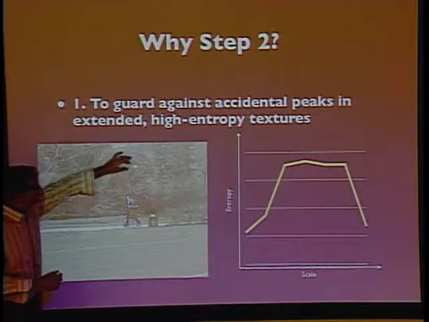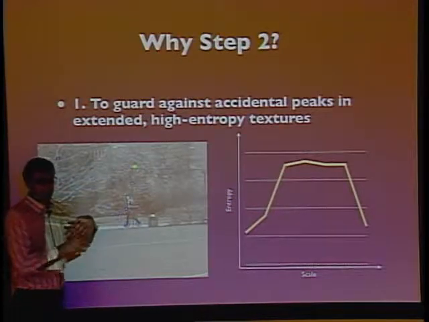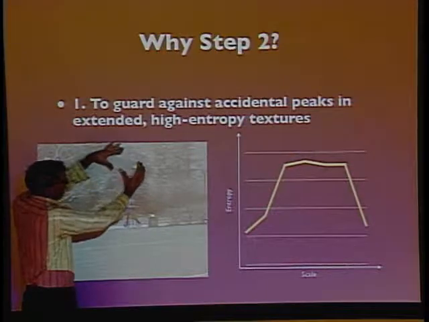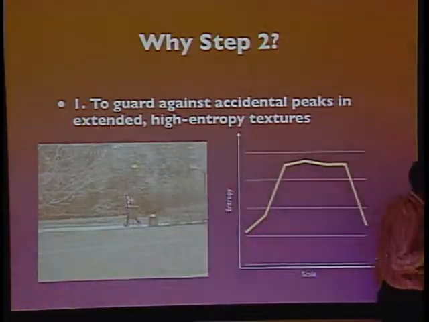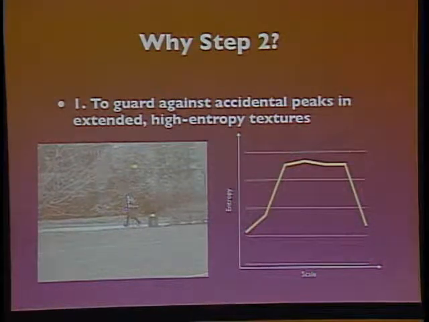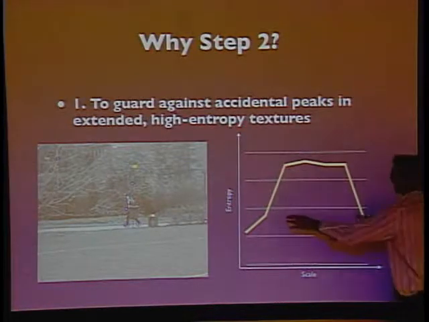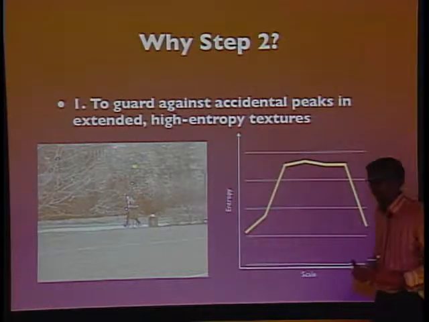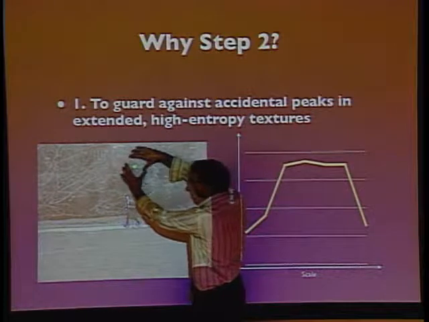And so what's going to happen is that if you start at this location in the image and calculate the entropy in its edge orientation histogram, it's going to be high here, high here, high here, and it's just going to be perfectly flat across a wide range of scales and across a wide range of space. So if you want to find a region that is interesting and localizable, you really want this thing to have a more well-defined peak. Otherwise, it's really ill-defined whether you should say that this region in the image is interesting or whether this is.